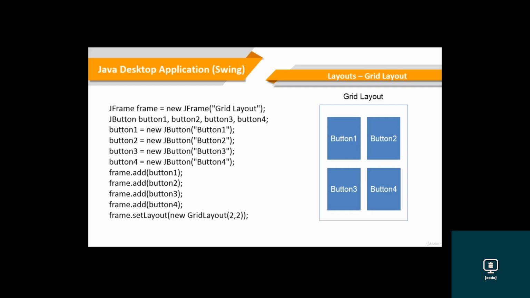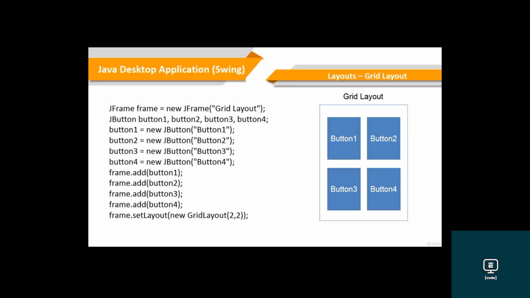Look at that. The grid layout class takes two parameters, that is, column and row. So in our example, we create a frame and 4 JButton components. And then we add these components into the frame. And then we pass a grid layout as a parameter to the setLayout method of frame.